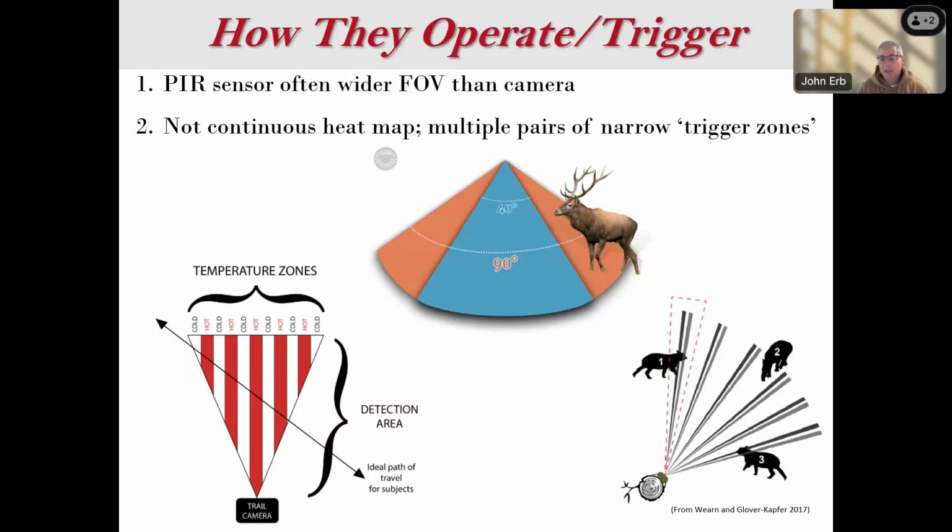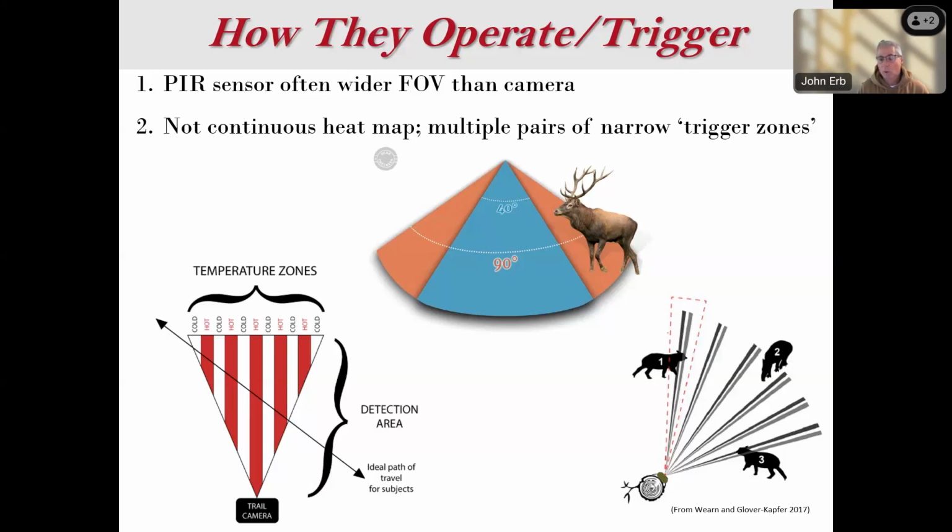So these two sensors, these pairs of sensors are looking at whether or not the heat signature, the infrared radiation coming in, whether there's a rapid change between those two bands. Okay, if it knows what the background is, and now an animal like animal number one walks in, first hits the left sensor, and that causes more of a differential between the two sensors, and that's what it detects and then causes the camera to trigger.